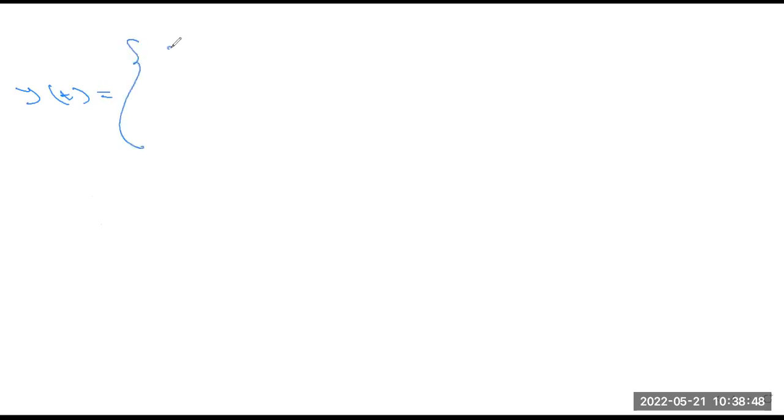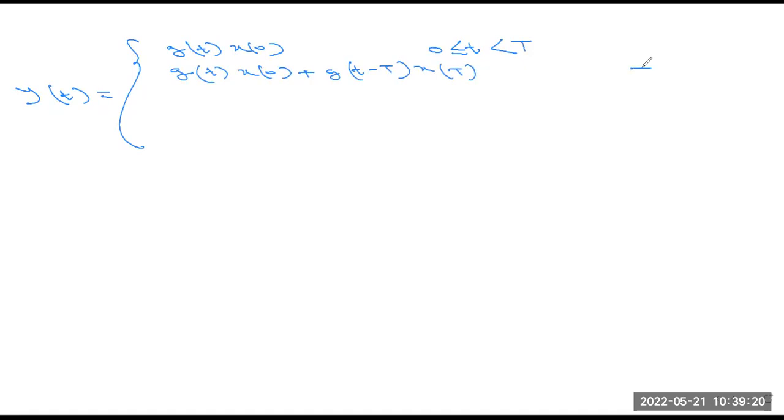First, that is g(t) x(0), when 0 is less than or equal to t and also less than capital T. Again t changes, then g(t) x(0) plus g(t minus T) x(T), when capital T is less than or equal to t and less than 2T.